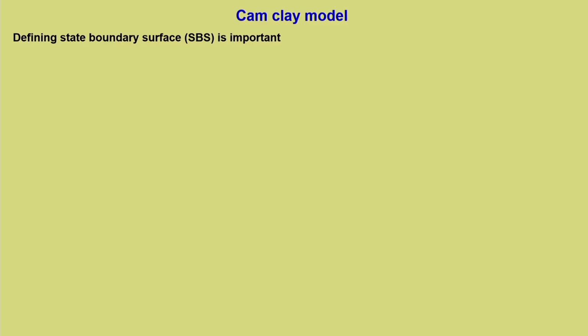So, the first model is the Cam-Clay model. Now, the name suggests that it is a kind of clay or something like that. It is not so. I would strongly recommend you read Schofield and Roth's book, wherein it is stated that Cam is the name of the river which flows close to Cambridge University.